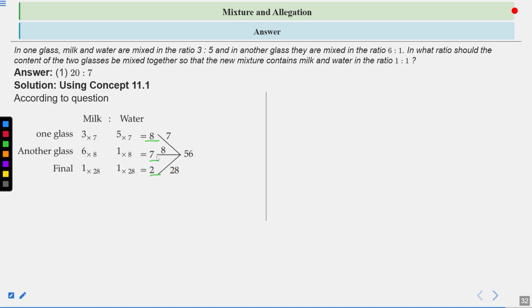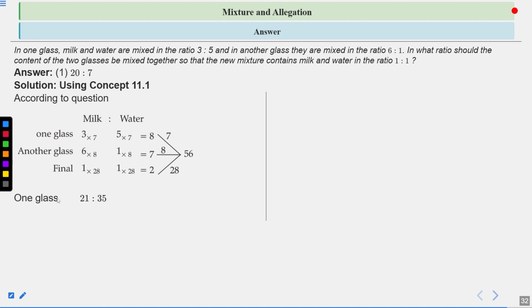We get the LCM of 8, 2 and 7, which is 56 liters. Total we let it be. So the first glass is multiplied by 7, giving 21 liters of milk and 35 liters of water. The other glass contains 48 liters of milk and 8 liters of water. When we add up, we get 28 liters of milk and 28 liters of water, as it should be according to the question.